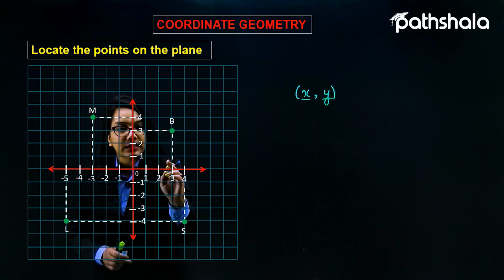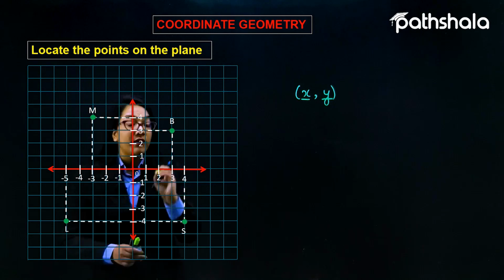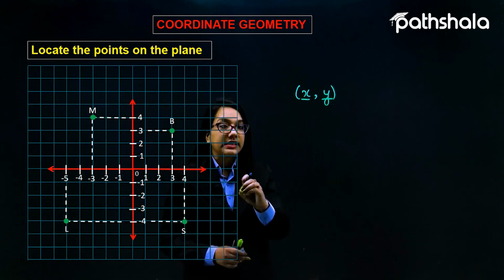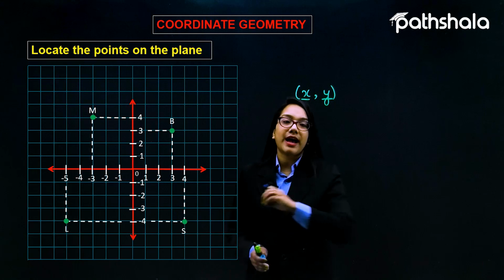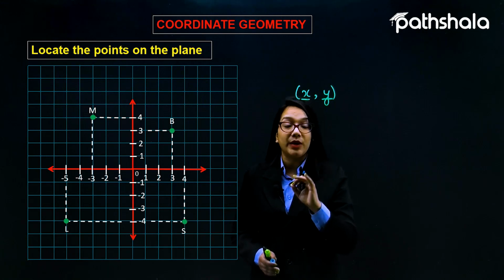Similarly, this is a perpendicular distance. So whenever we are talking about the distance from the axes, that distance is always perpendicular.